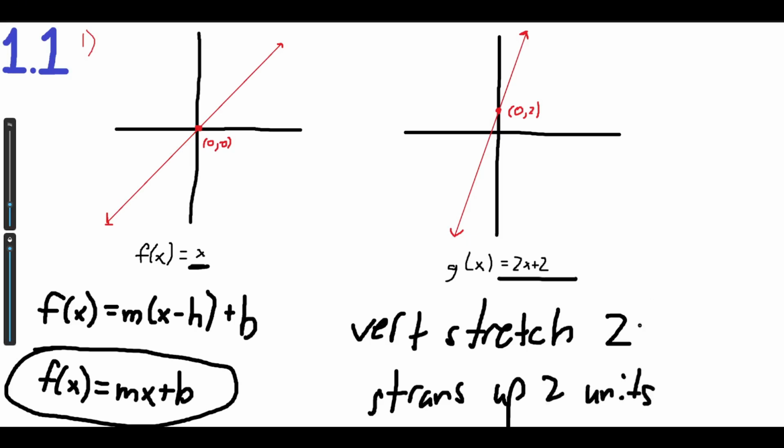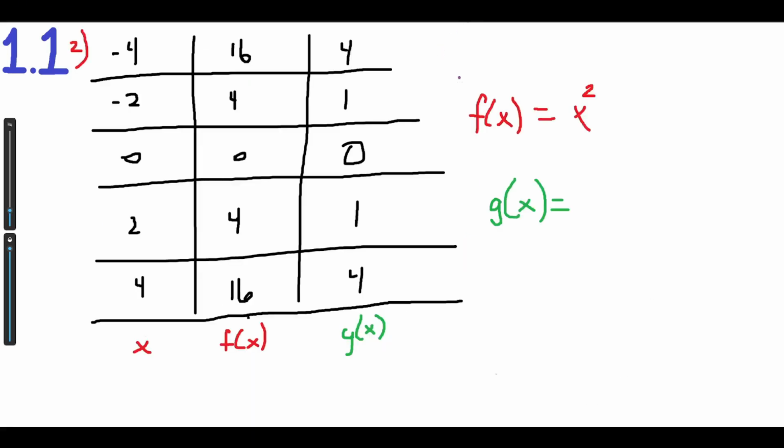That's basically it. Next up, we are given a table with x values and output values for f(x) and g(x). We are given that f(x) is a quadratic, which is also written as x squared, so we know that g(x) will also be a quadratic. Now, to find what the transformation is, we can divide the output values of g(x) by the output values of f(x).